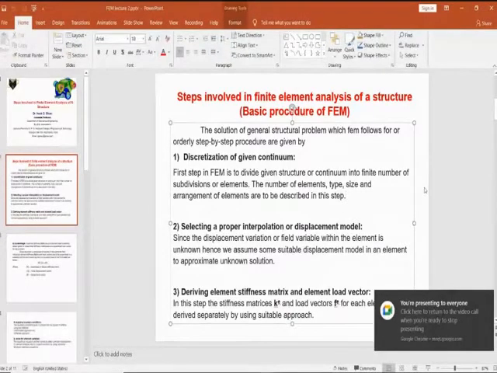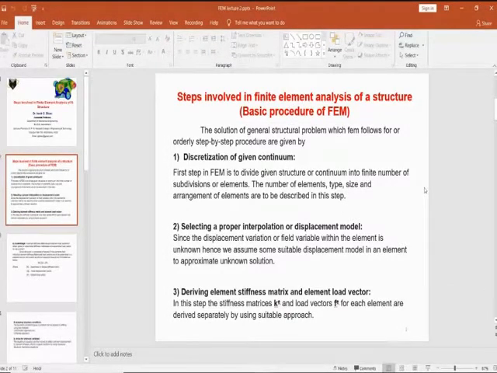That is why I told, no, in the last class that we have to see the acceptable accuracy level. For pistons I may use more accuracy, but for a duster I will use less accuracy, what I told in the last class. Okay, then the next step in FEM, the second step, is selecting a proper interpolation or displacement model.